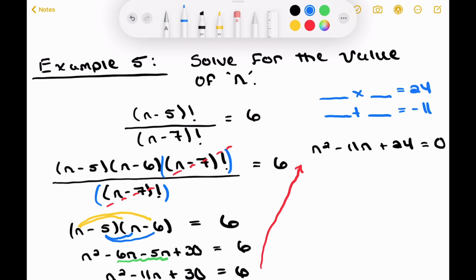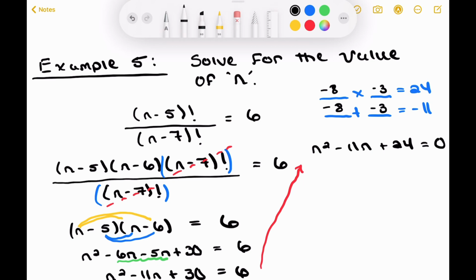In this case, I'm pretty sure that's going to be both negative 8 and negative 3. And let's just try that out for both slots here. Negative 8 times negative 3, yeah, a negative times a negative is a positive. And then we have 8 times 3, which is 24, so we're good there. Negative 8 plus a negative 3, yeah, that's negative 11, so I would say we're good.